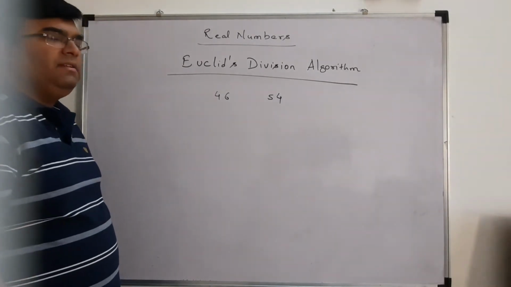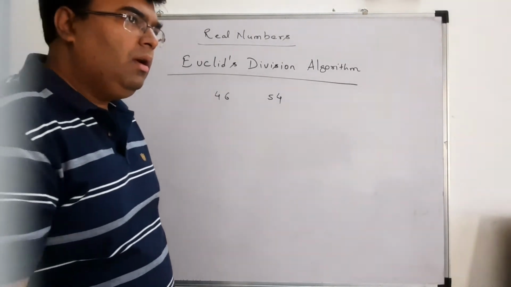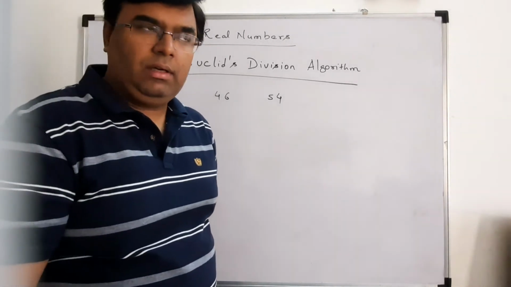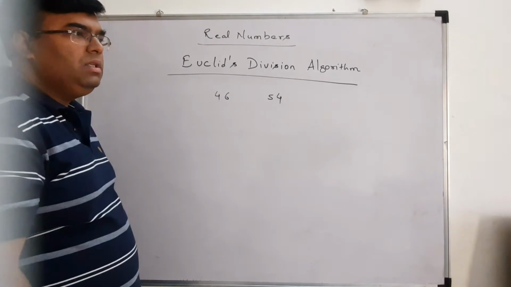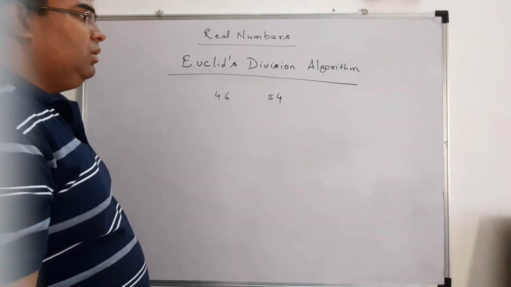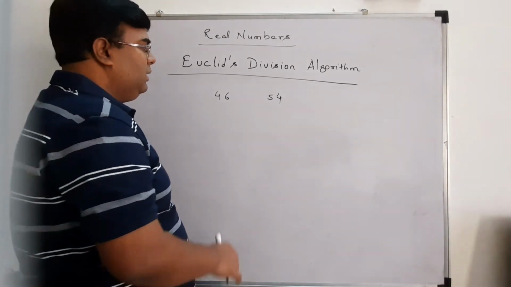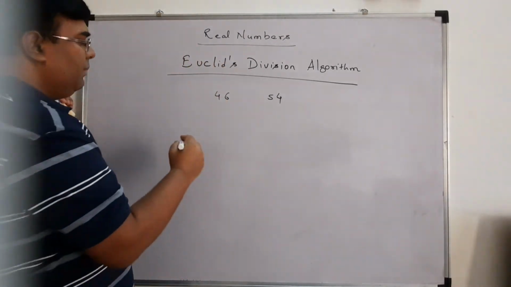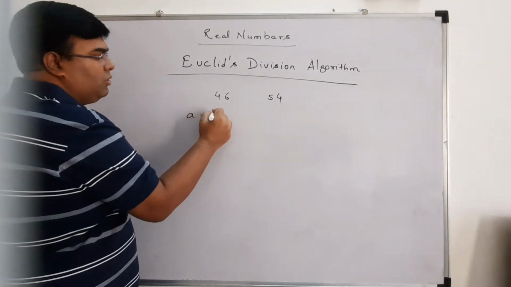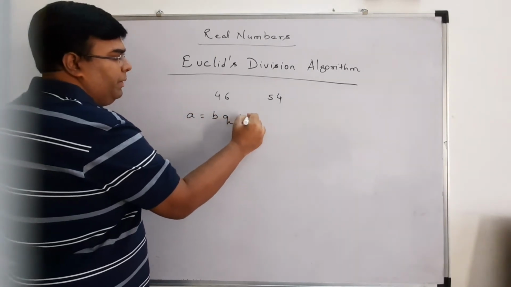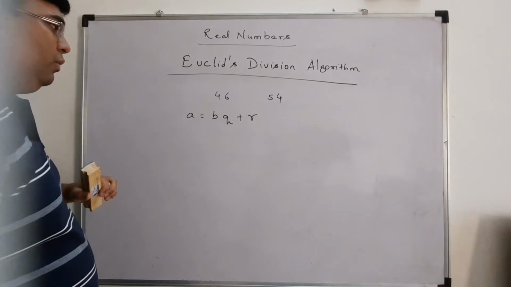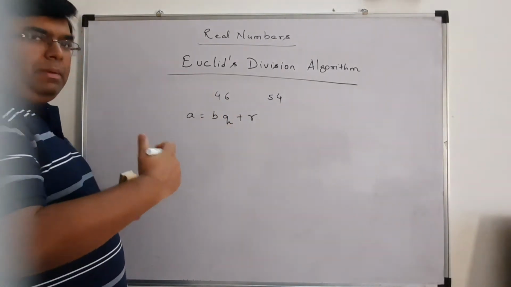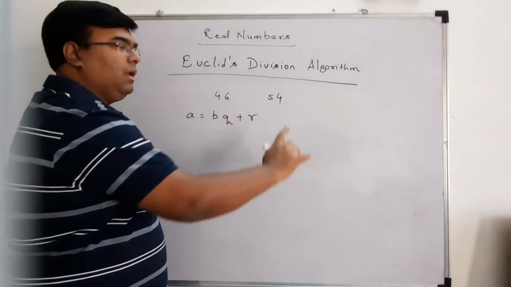You can find HCF by two methods, one by division method and one by prime factorization method. Here we will use the division method. Using Euclid's division algorithm, what is my lemma? Lemma was a = bq + r. We will use this statement multiple times, so it will become an algorithm.